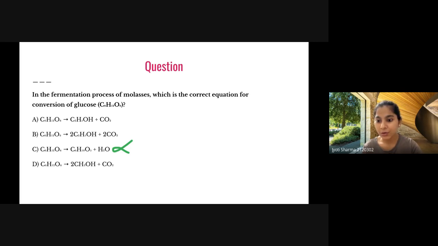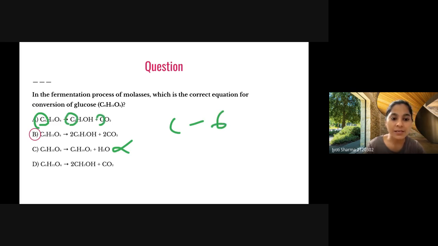Okay, I got B and A answer. So B answer is the right one because you have to balance. So, for example, here we have C. C is 6, but here it is 2 plus 1. So we have just 3 carbon. So this is not the balanced one.